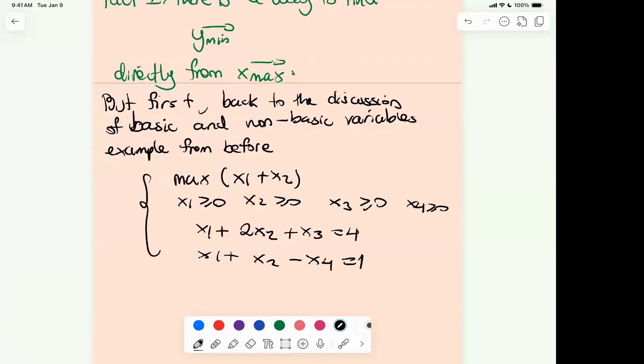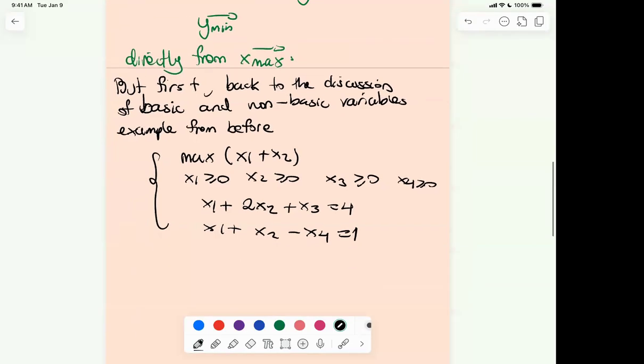Well, actually, it was a bit before and not that long ago. Basically, this was a problem where these came from adding the slack variables as usual. This was one of these examples where we did the auxiliary system first, because if you notice here, there's this one with the -1, so you had to add even more extra variables, x5 and x6, to get the identity matrix, so that you could start the simplex method.